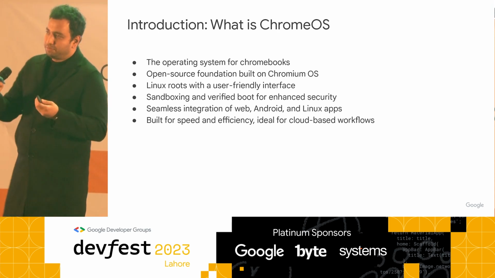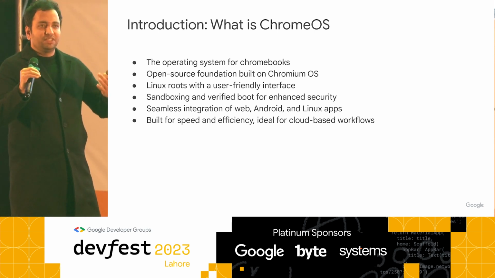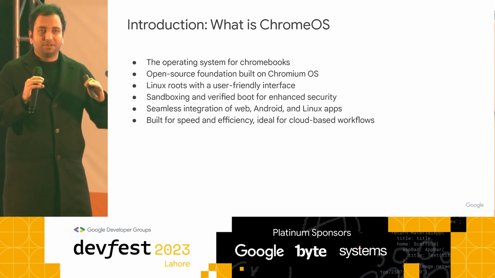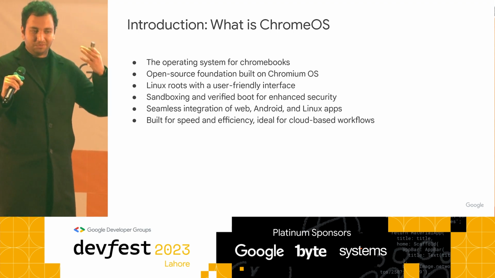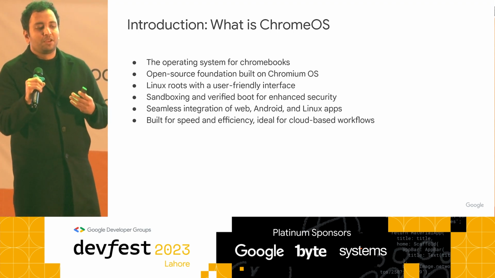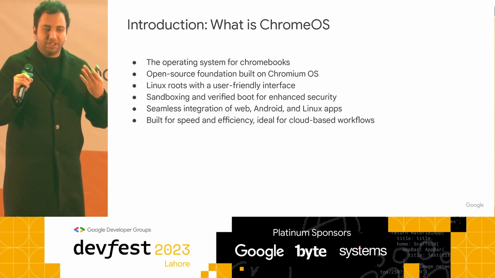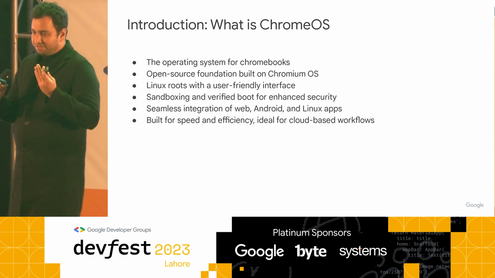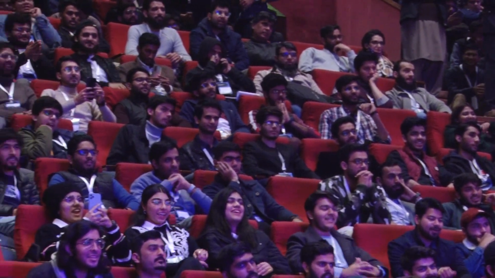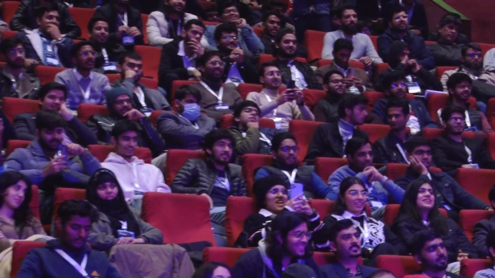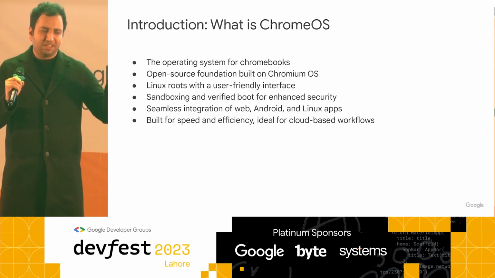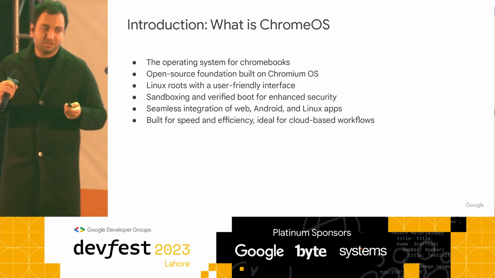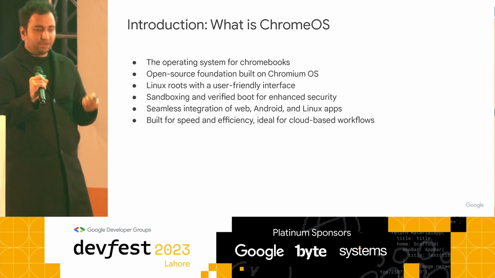While right now it might not be a developer machine, in the sense that you can't write operating systems on ChromeOS, you can still do some development. If I have to sum up ChromeOS in three words, it would be speed, security, and efficiency. It's fast, it's easy to use, and it's very secure.